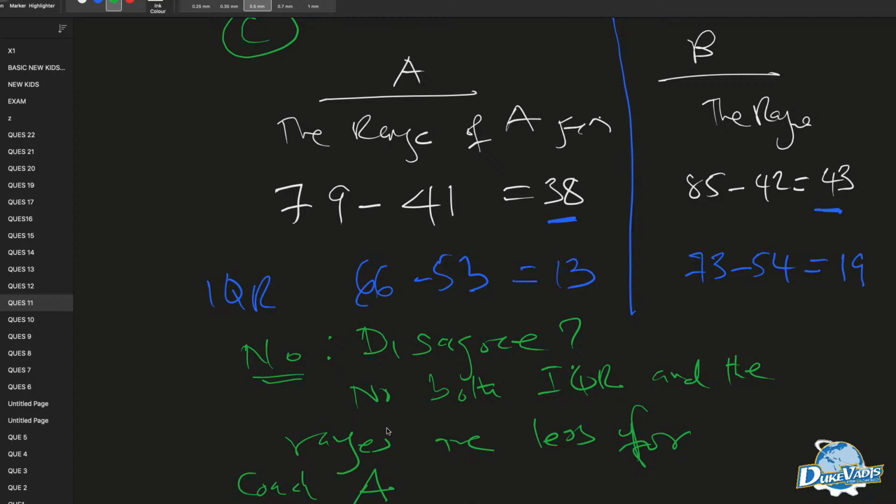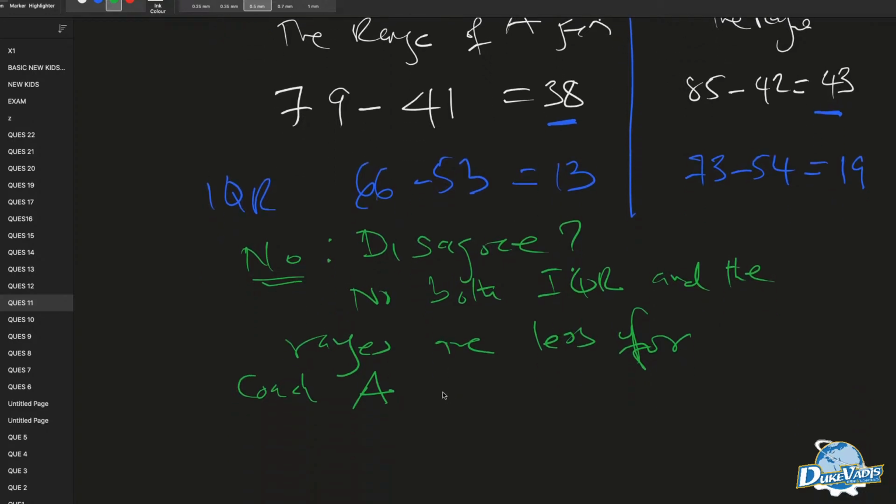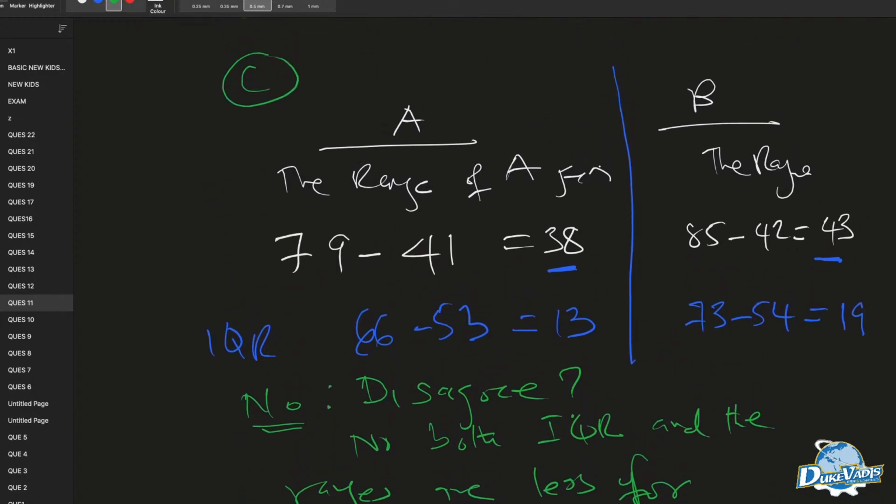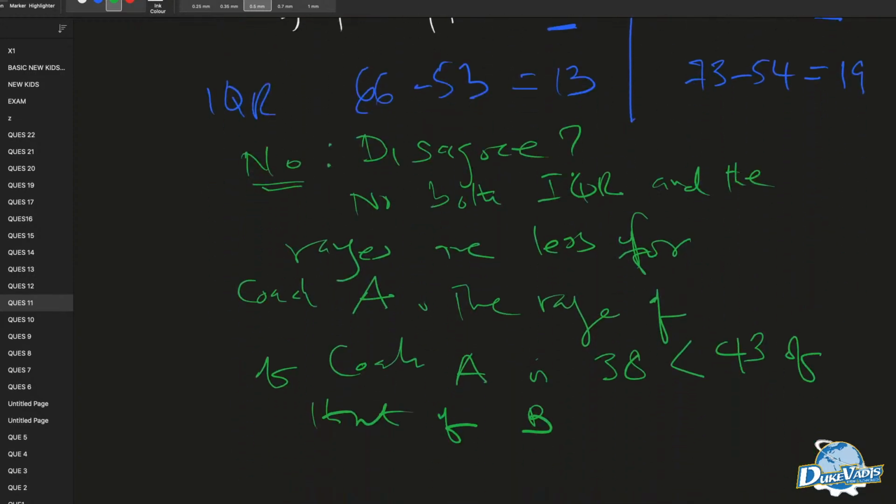So if you look at it very carefully, the range of coach A is 38, less than 43 of that of B. You see?